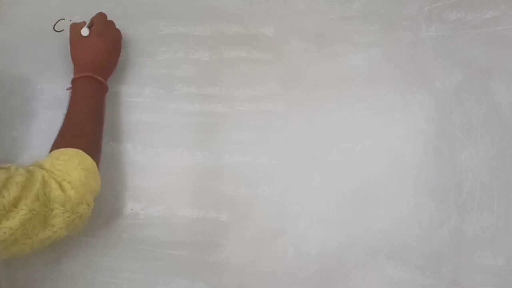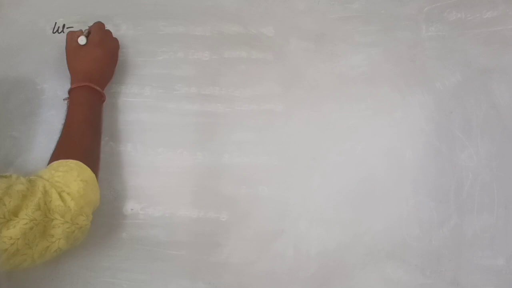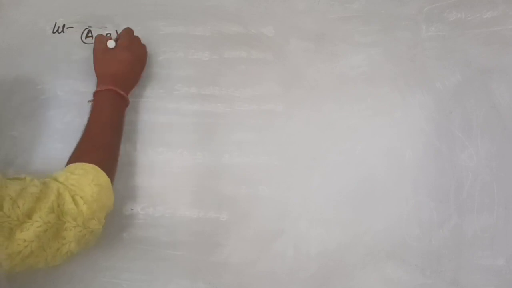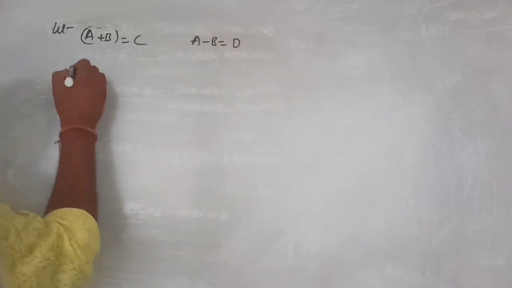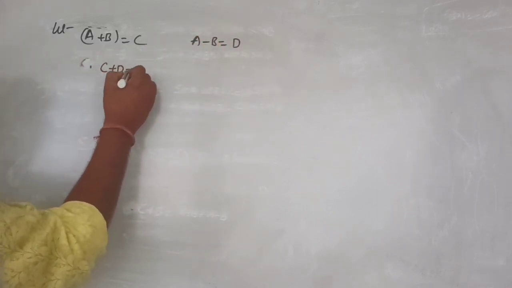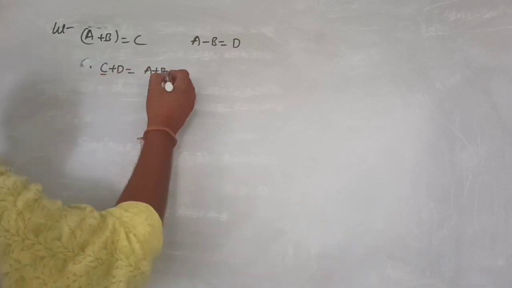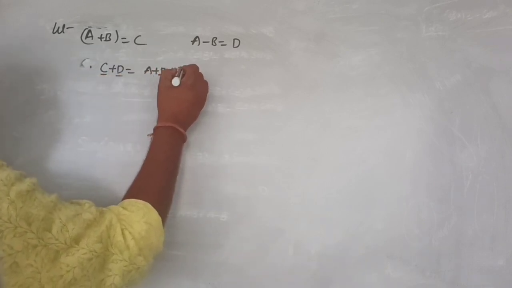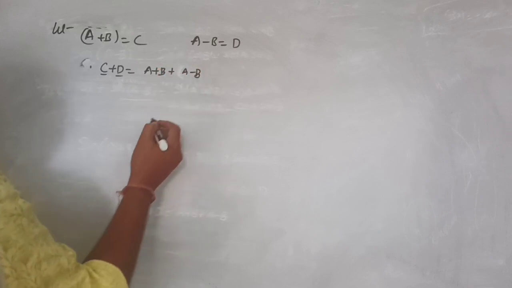C is equal to a plus b. Let a plus b is equal to c and a minus b is equal to d. So here c plus d is equal to a plus b plus a minus b.